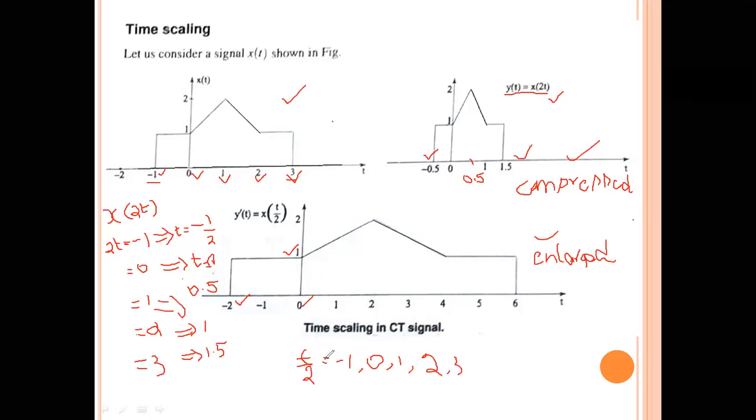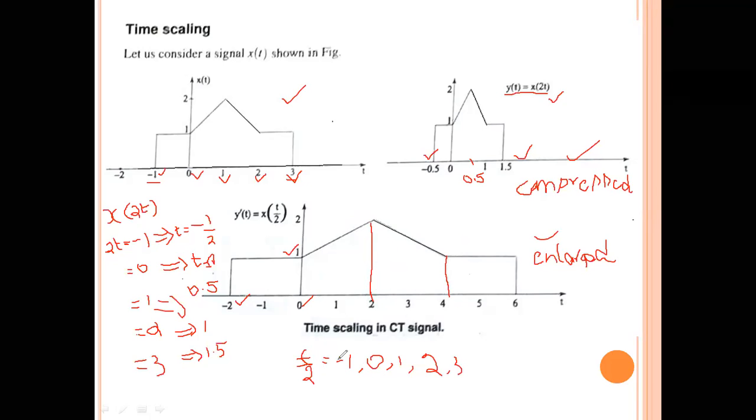Similarly in this case also, if you equate t by 2 is equal to 1, you will get the positive ramp up to t is equal to 2. If you equate t by 2 is equal to 2, t is equal to 4. That means you are going to have the negative ramp function from 2 to 4.